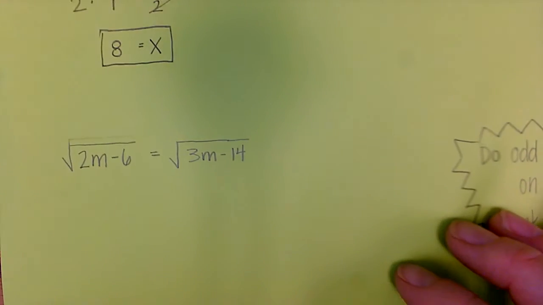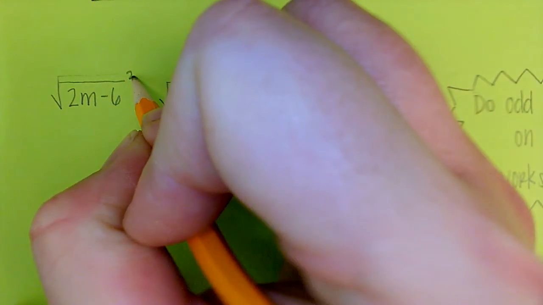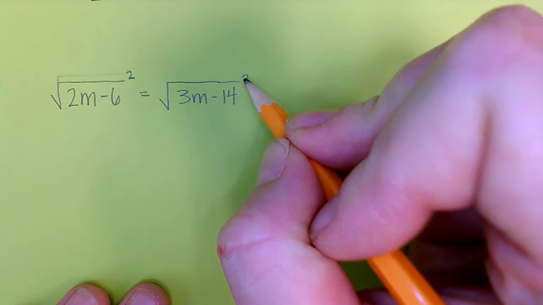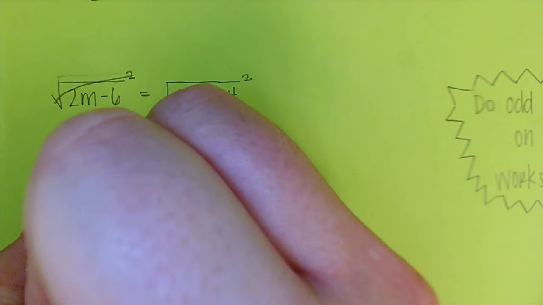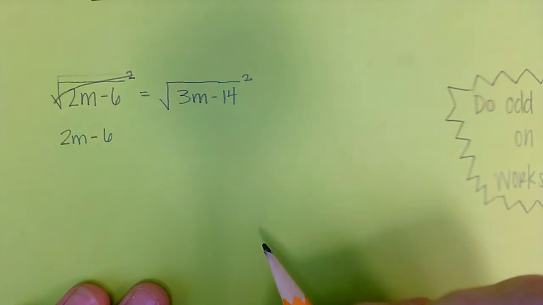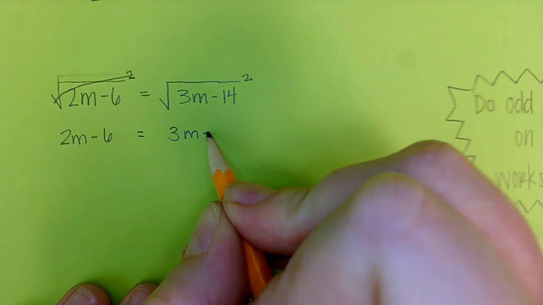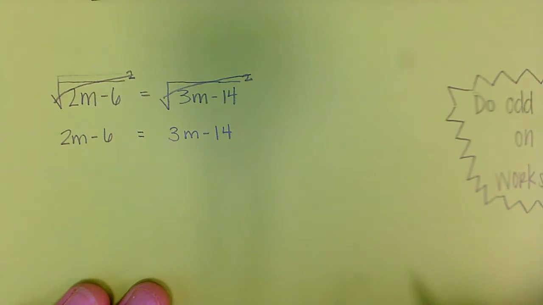If you have a square root on both sides, you square both sides. So square, as long as one of the square roots is by itself, you can go ahead and square both sides. So we get 2m minus 6 equals 3m minus 14, because the squared and the square root cancel out over here.